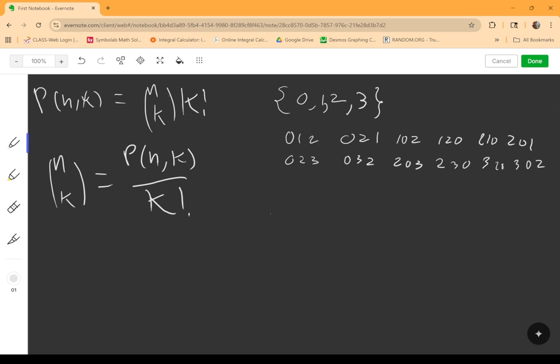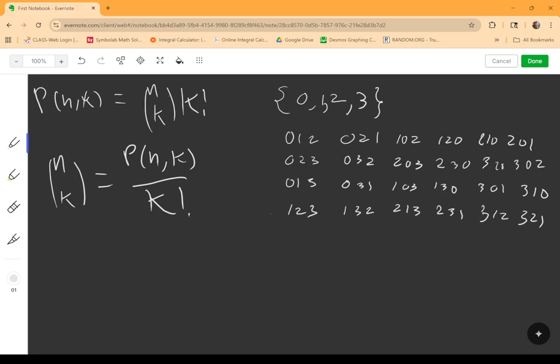Okay, and then we also have 0, 1, 3 or 0, 3, 1, or 1, 0, 3, 1, 3, 0, 3, 0, 1, 3, 1, 0. All right, and then lastly 1, 2, 3, 1, 3, 2, 2, 1, 3, 2, 3, 1, 3, 1, 2, 3, 2, 1.